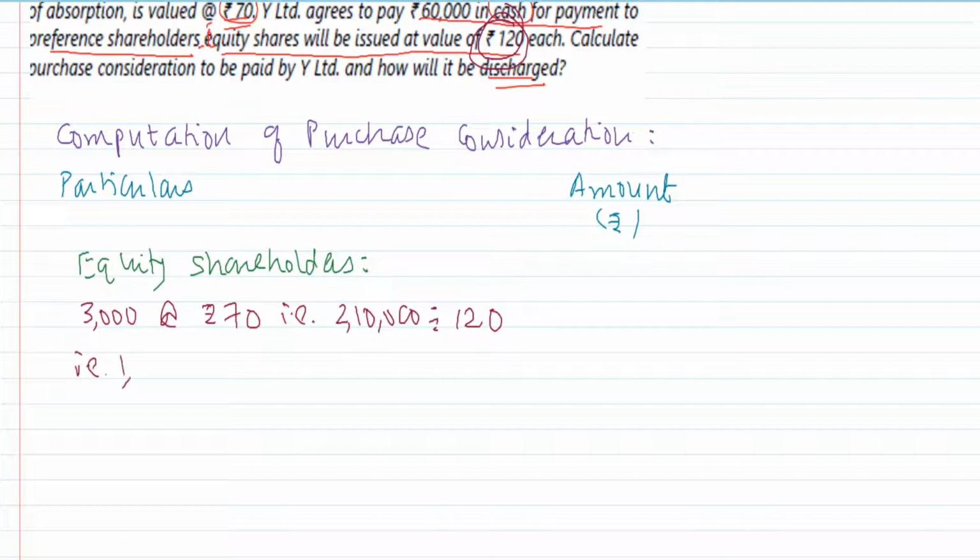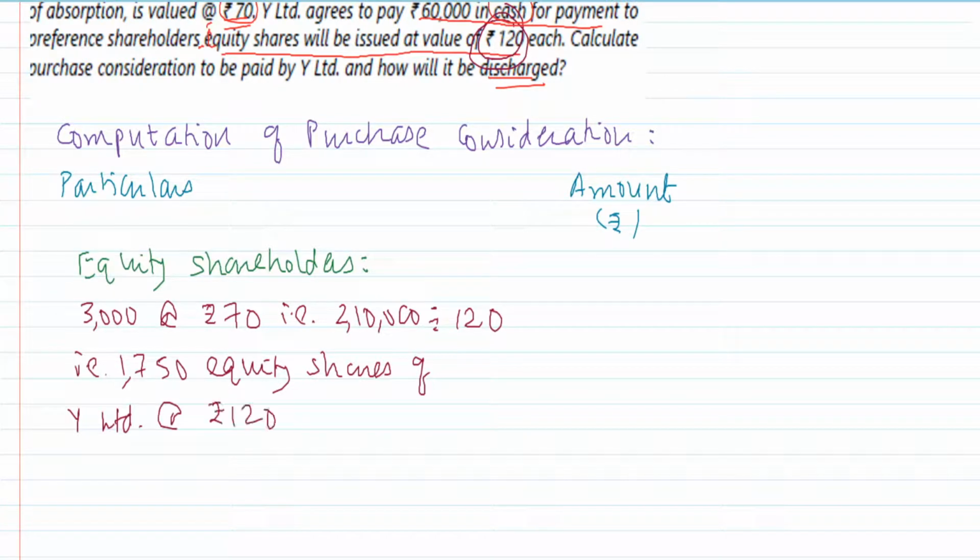So we say 1750 equity shares. These are equity shares of the purchasing company, which is Y Limited, at the rate rupees 120. 2,10,000.